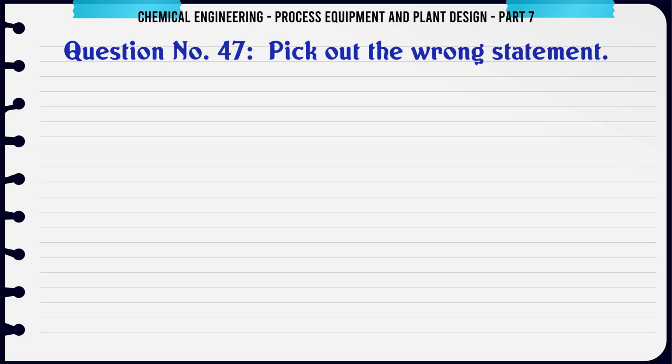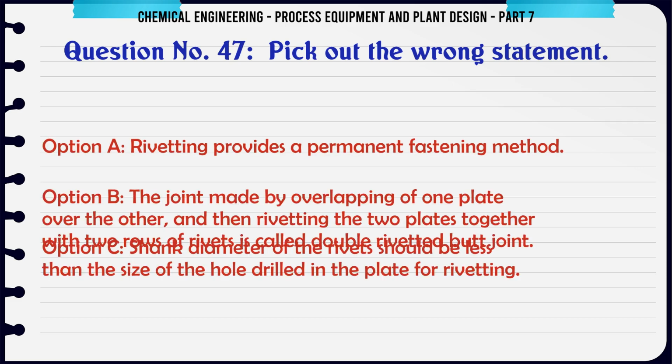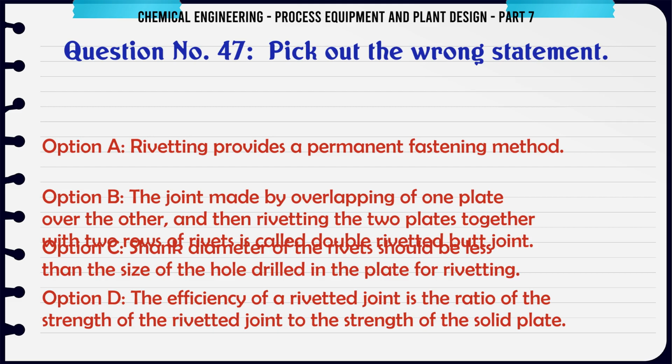Pick out the wrong statement. A. Riveting provides a permanent fastening method. B. The joint made by overlapping of one plate over the other and then riveting the two plates together with two rows of rivets is called double riveted butt joint. C. Shank diameter of the rivets should be less than the size of the hole drilled in the plate for riveting.